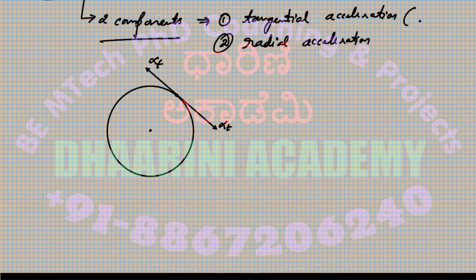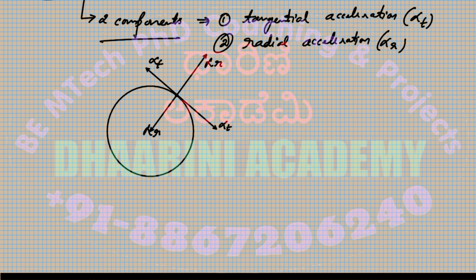So tangential is alpha tangential, and this is alpha radial. The radial direction could be towards the inside or outside, so this is alpha r, or this can also be alpha r. It can be towards the center of the circle or away from it.